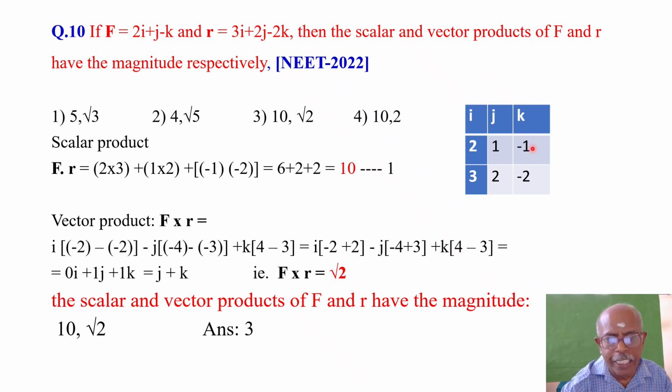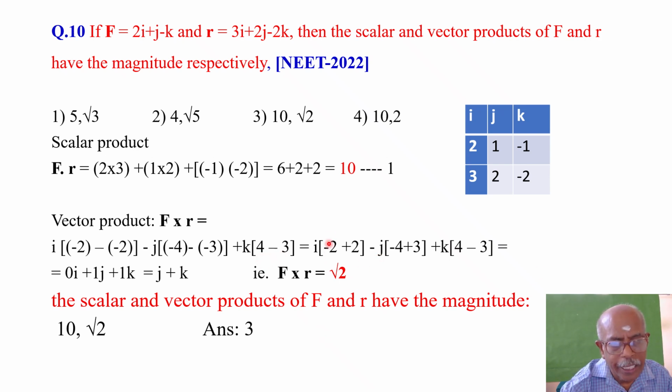Then plus k into (2 into 2, 4, minus 1 into 3). So i into minus 2 plus 2 will be equal to 0. That will be minus j into (minus 4 plus 3), plus k into (4 minus 3).